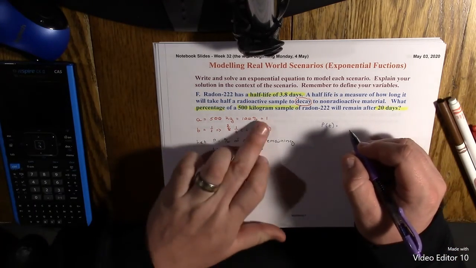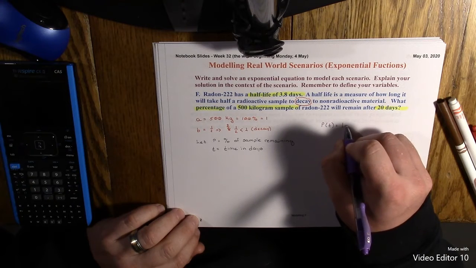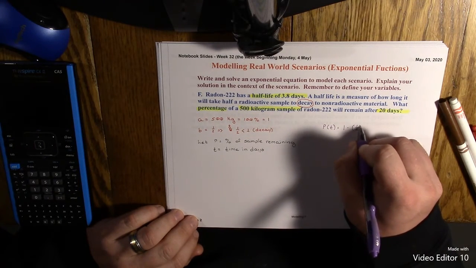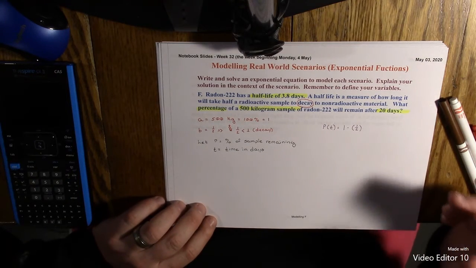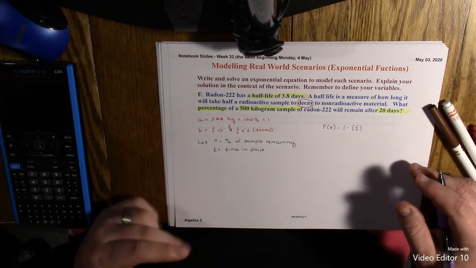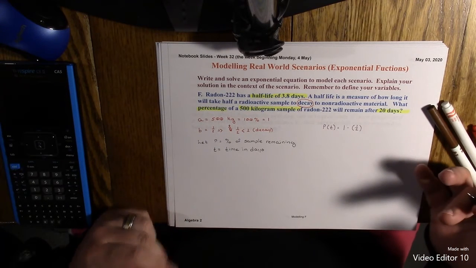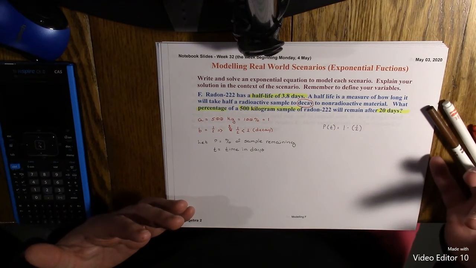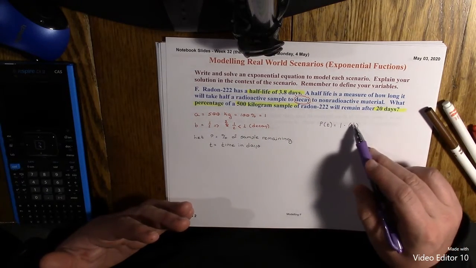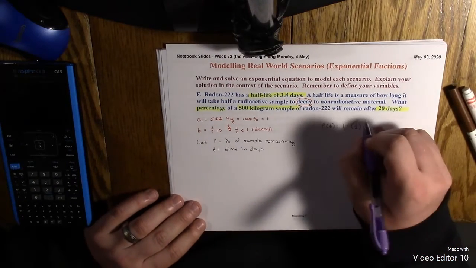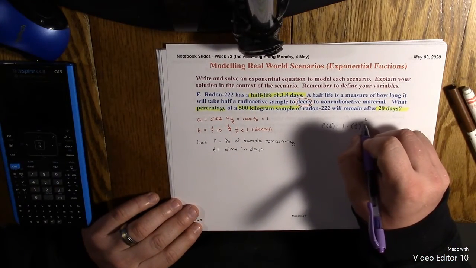So our initial value is going to be 1, to simplify it, times 1/2 to the power. Now here's where this problem gets a little different. It's not just going to be t, because it doesn't have a half-life of 1 day. It takes 3.8 days to do one of these halvings. So the exponent is t, the amount of time, divided by 3.8.